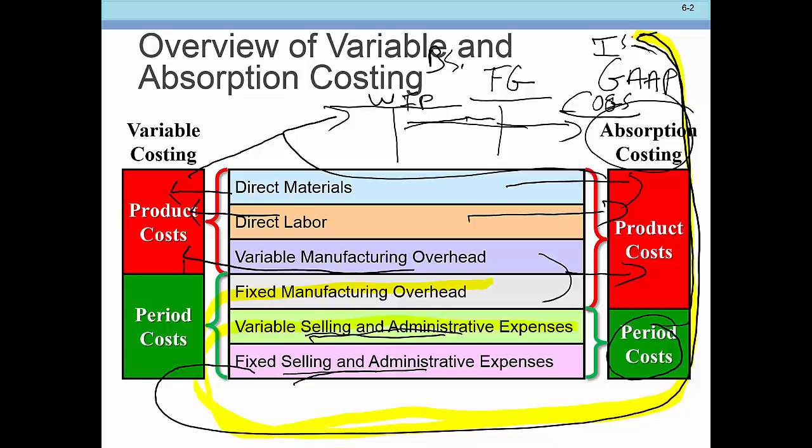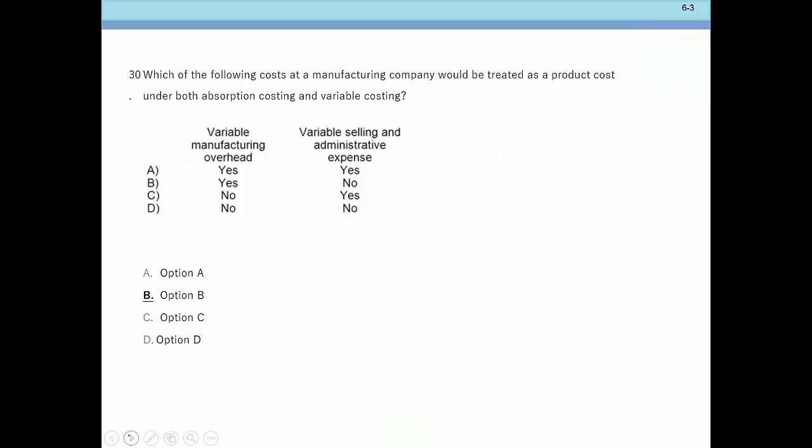Give us our, and we call that contribution margin, and then we're going to take out all of our fixed expenses in the calculation of our operating income. We use that for internal purposes only because it then facilitates some of the things that we talked about, our cost volume profit analysis, our break-even analysis, etc., right? Okay, good. So that's the key difference between the two methods.